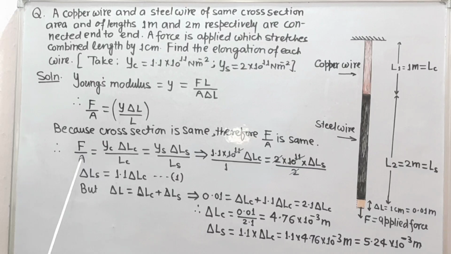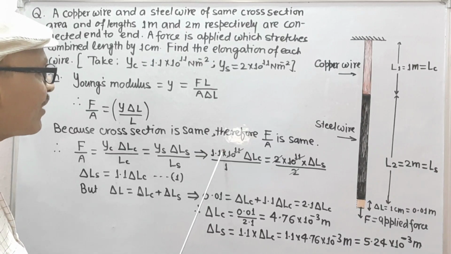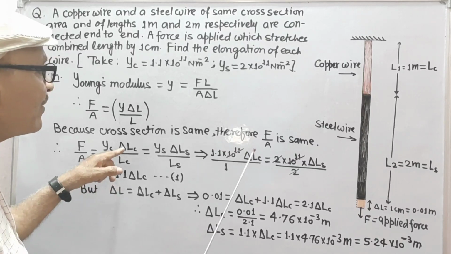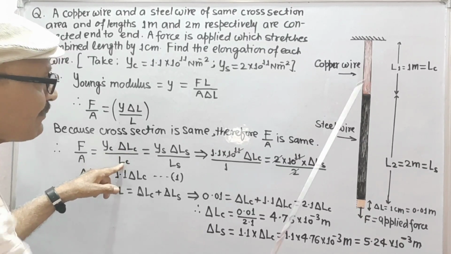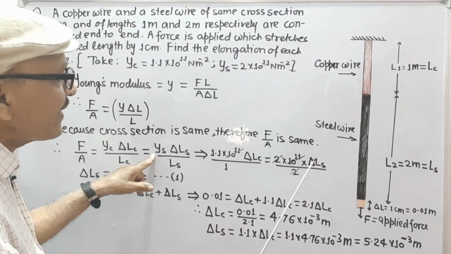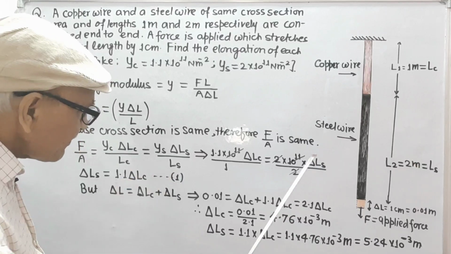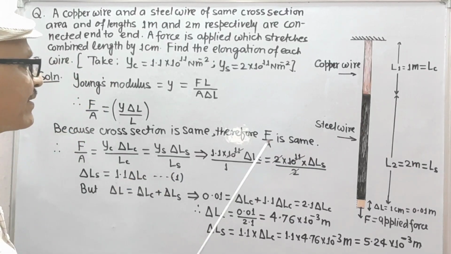Hence, we can write F upon A is equal to Y copper into delta L copper upon capital L copper, which is equal to Y steel into delta L steel upon capital L steel. On putting the corresponding values, we get Y copper is 1.1 into 10 to power 11 into delta L copper upon length of copper, 1 meter, is equal to Y of steel, 2 into 10 to power 11, into delta L steel upon length of steel, 2 meter. 10 to power 11 cancels out.